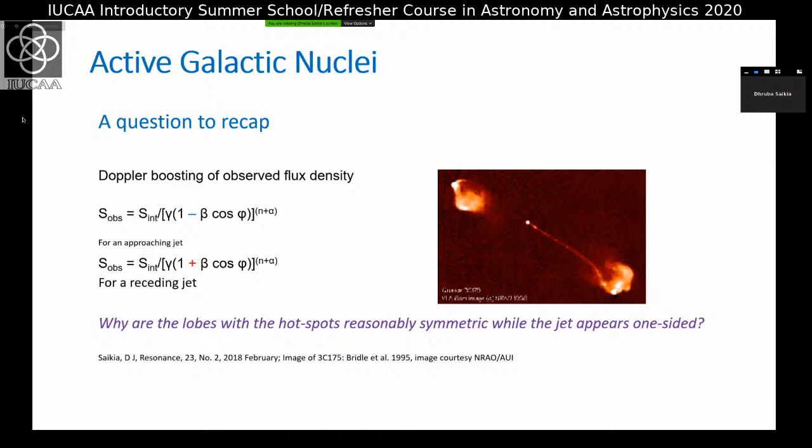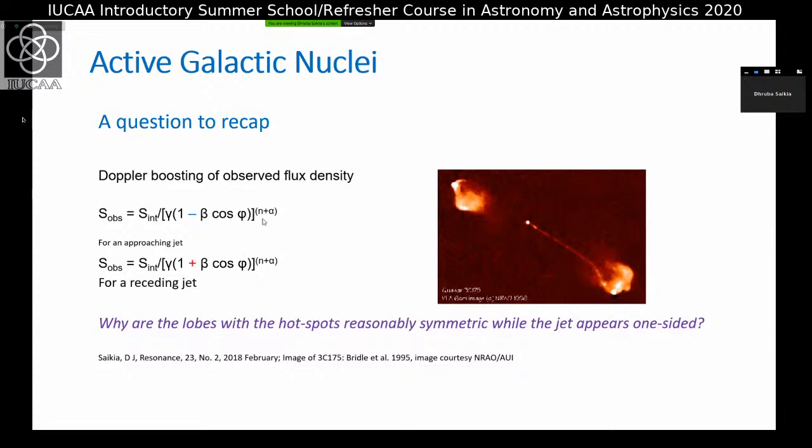So you can later do these sums yourself and see that if you had just a velocity of 0.05 c, say, and an angle of say about 40 or 45 degrees, what is the kind of ratios that you would get?